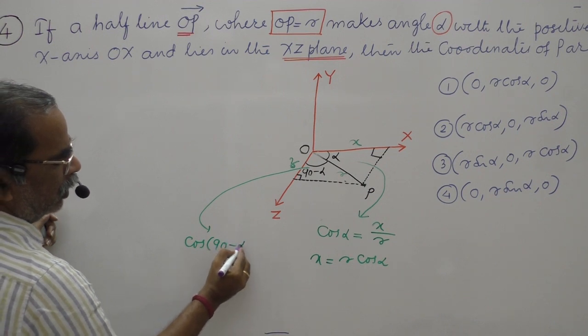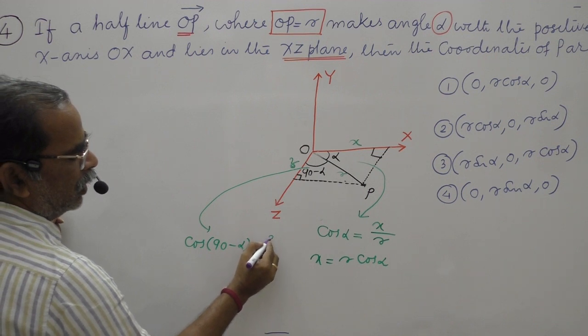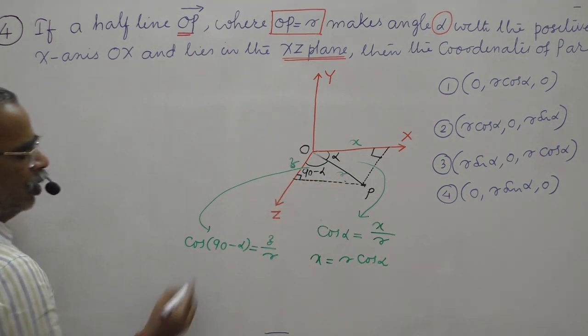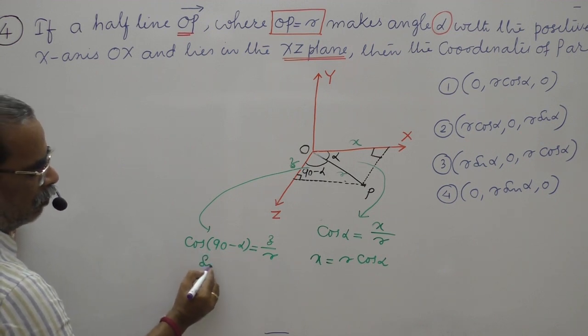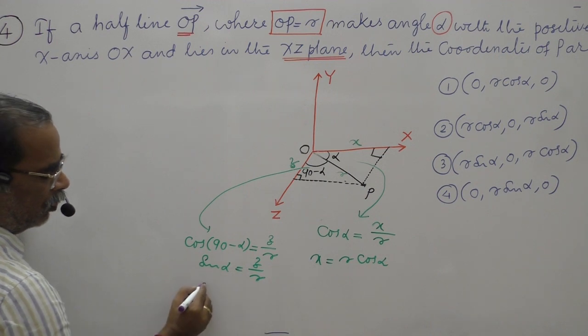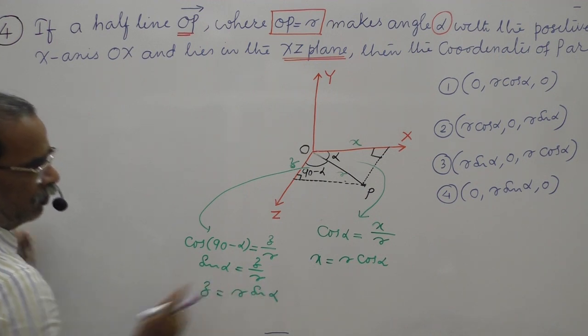Theta is here 90 minus alpha. For this angle, the adjacent side is z and again the hypotenuse is r. Cos 90 minus alpha is sin alpha is equal to z by r. This implies z is equal to r sin alpha.